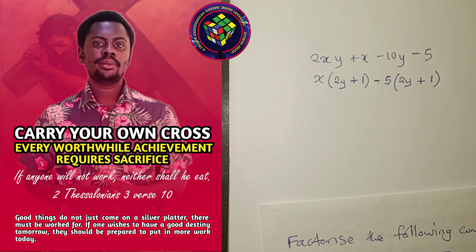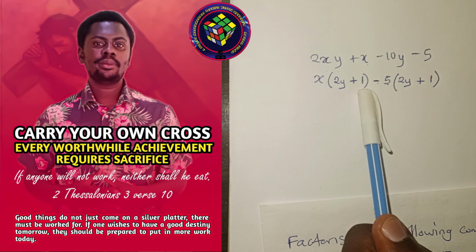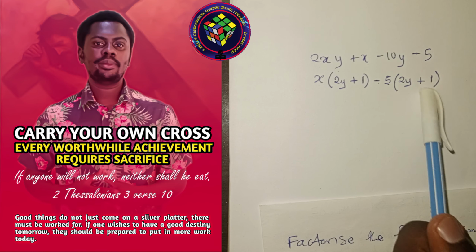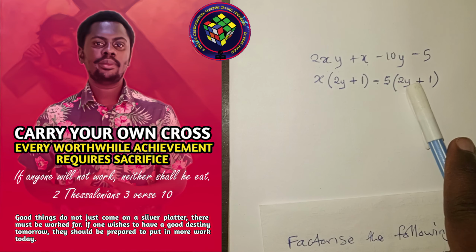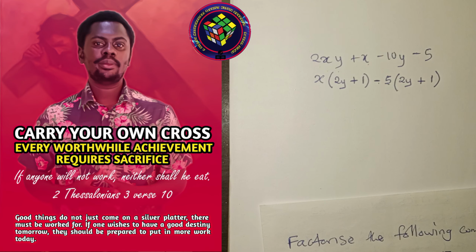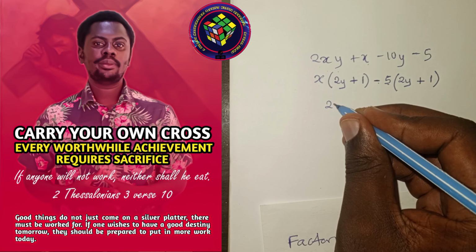Now when you look at this, we can see that here we have 2y plus 1 and here there is 2y plus 1. So this 2y plus 1 is common. It is here and it is here. So we need to divide out this 2y plus 1.